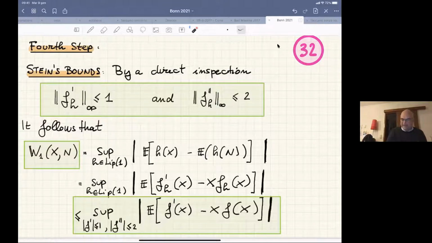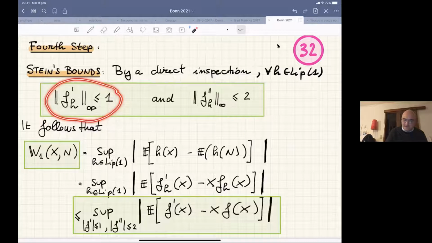By direct inspection, one can show that the function f_h that I just defined is a C1 function, such that the absolute value of the first derivative is bounded by 1 for every h of class Lip 1, and f prime is a Lipschitz function with Lipschitz constant less or equal to 2. Once again, for every h in the class Lipschitz 1.